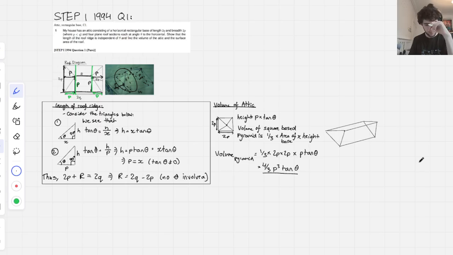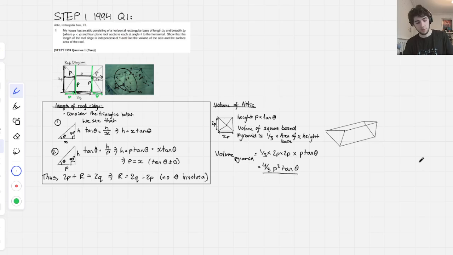And obviously, if we go back to the initial diagram, we can see that effectively the length of this triangular prism is just 2q minus 2p, or r, right? Because I've literally sliced off those two end pieces that had length p.